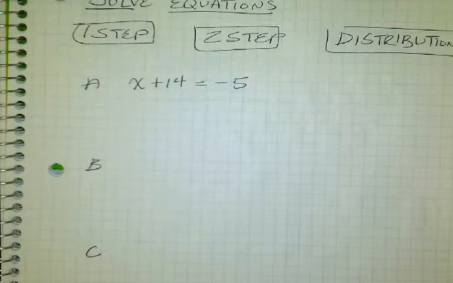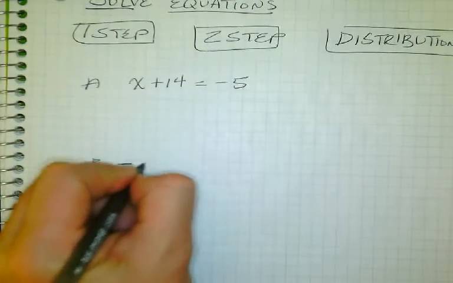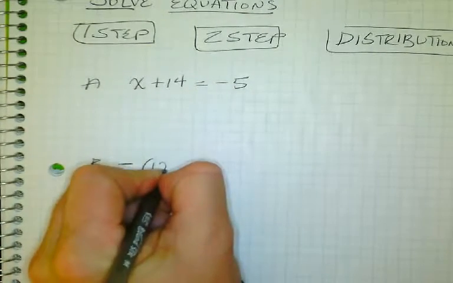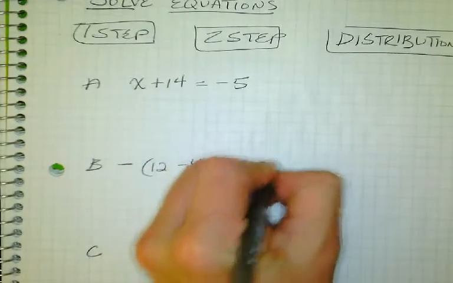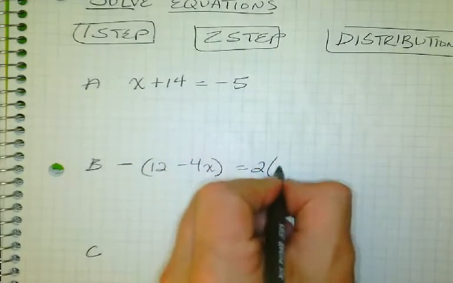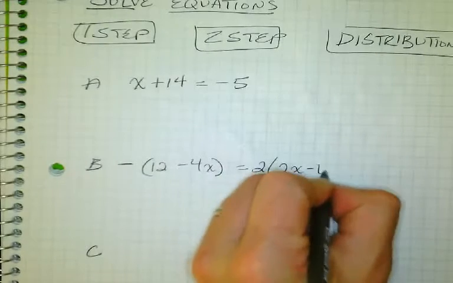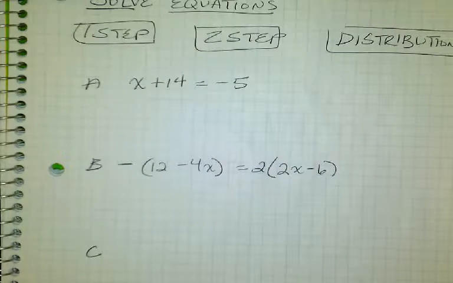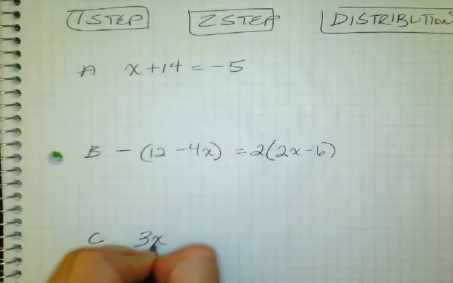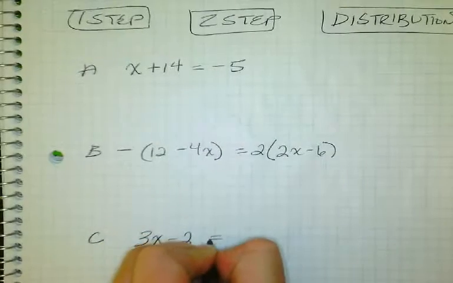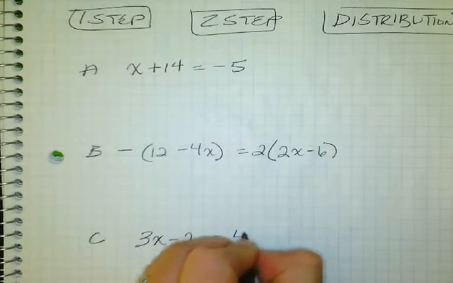Make B, negative quantity 12 minus 4x is equal to 2 times 2x minus 6. And then the last one we're going to look at today, C, is going to be 3x minus 2. Set that equal to 4 minus x.